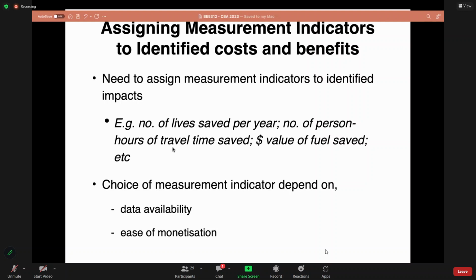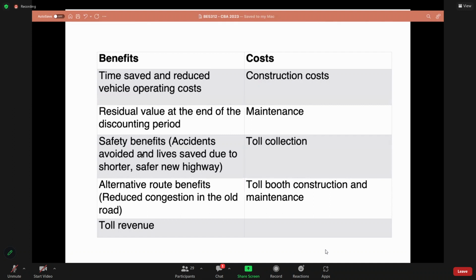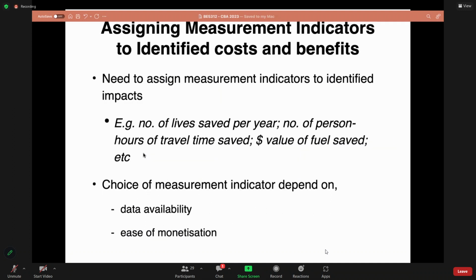So there's no use giving a metric if we can't assign a money value to it. For instance, if you're saying number of lives saved per year, if you're using that as a metric to measure the safety benefits, then you have to be able to assign a money value to a life, isn't it?